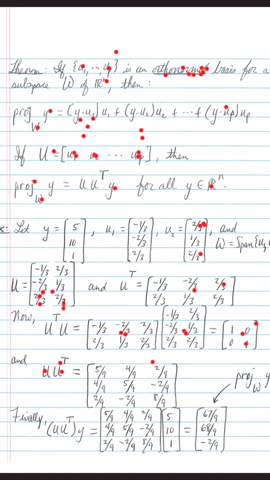U times U transpose gives you this 3 by 3 matrix. Well, if you sprinkle in a multiplication by vector y, U times U transpose, that's this 3 by 3, times vector y, you will find a vector that is the orthogonal projection of the original y on subspace W.